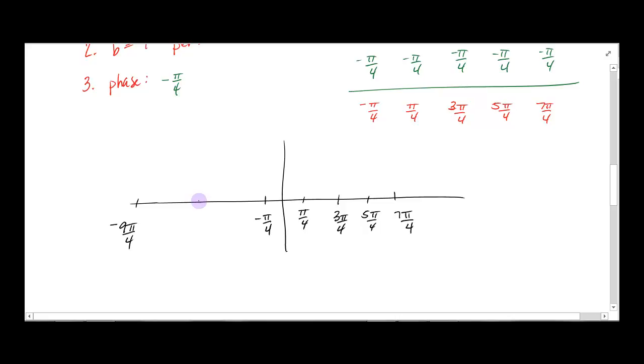Then I'm going to do it in this second period over here to the left. Halfway between ends up being negative 5 pi over 4, negative 7 pi over 4, and negative 3 pi over 4. Okay, so I have my two periods drawn on here.